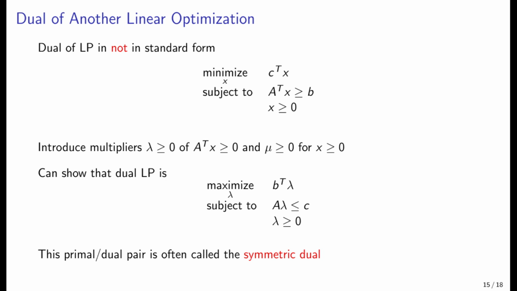And the nice thing about this dual is that it looks very similar to the first one. Both problems have simple bounds that are greater or equal to 0 on their variables. They both have a linear objective, and there's a lambda less than or equal to c, and an A transpose x greater or equal to b. So that's sometimes called a symmetric dual, and it has a nicer form.